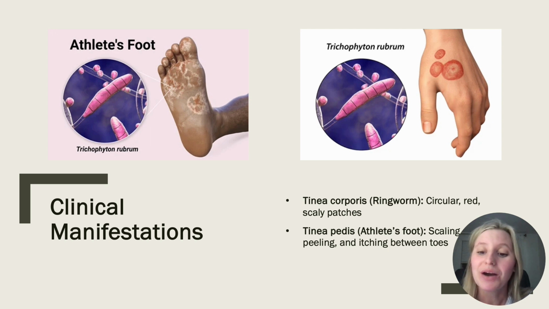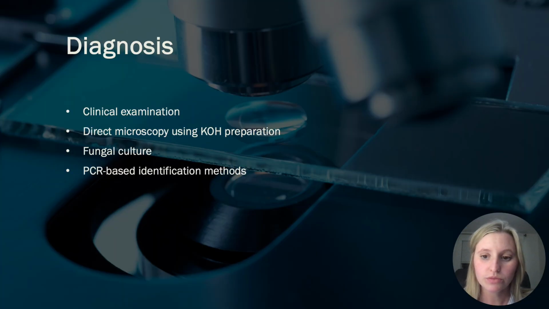Gross. Now, early diagnosis and treatment are crucial to prevent the infection from spreading to other parts of the body or individuals. Diagnosis of these fungal infections is typically based on clinical examination or laboratory tests.